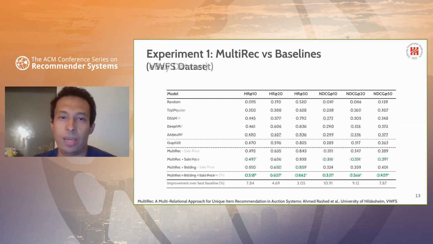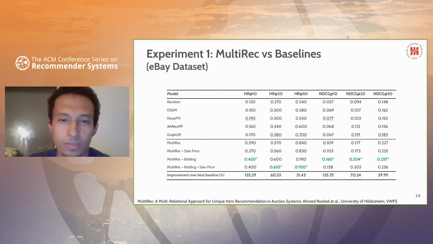If you remember, I told you to keep in mind how much larger the bidding is than the sales interaction. In case of the ePay dataset, it was 16 times more, which means that we have less information to learn from just the main interaction. So you can see here, the upper part is the models that were trained just on the main interaction.